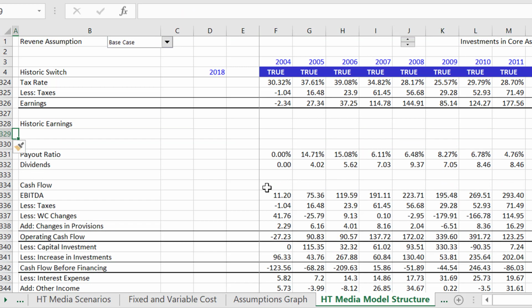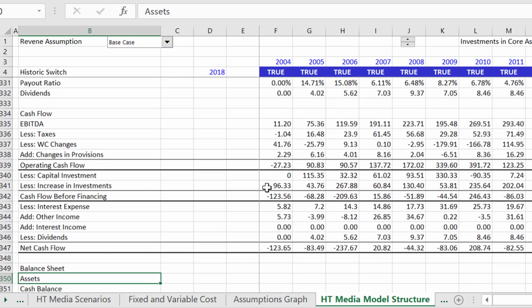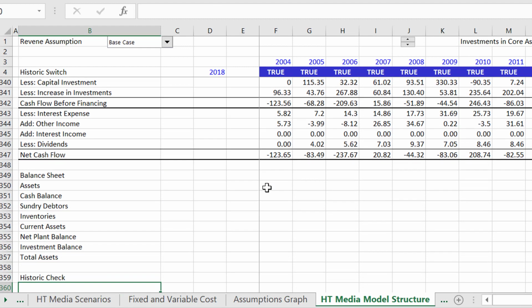And then we'll check to make sure that that's correct. It made sure we haven't put any minuses and pluses and we haven't forgotten any items.